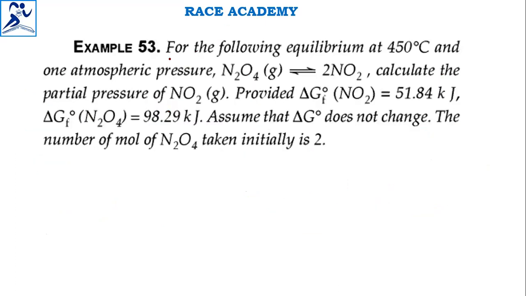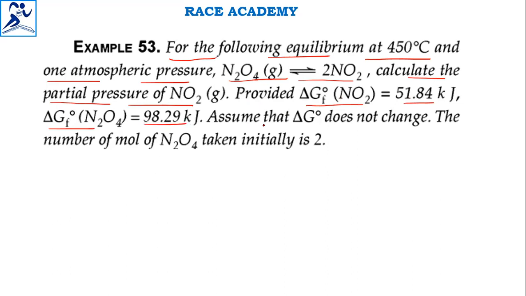Next question. For the following equilibrium at 450 degrees Celsius and at 1 atmosphere pressure, dinitrogen tetroxide dissociates to NO2. Calculate the partial pressure of NO2, provided that the delta G formation naught value of NO2 is 51.84 and of N2O4 is 98.29 kilojoules.